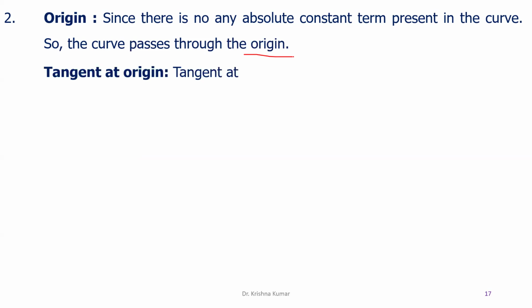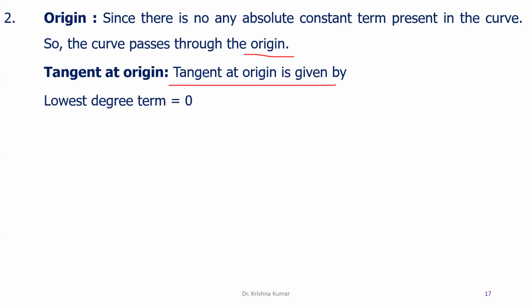Now, how do we get the tangent at the origin? We know that the tangent at the origin is given by equating the lowest degree term of the equation to 0. The lowest degree term is 2a y², so we equate it to 0.